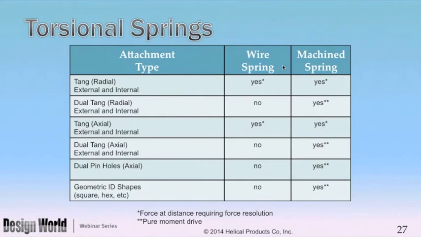But the dual tangs, whether it be axial, or if there be pinholes or any kind of geometric shapes, are not available in wire and are available with the machine spring. So this is a strong reason why machine springs, if you can handle the extra cost of the machine spring, this is a good use of them because of just the attachments associated with the spring and the ability to have pure moments.